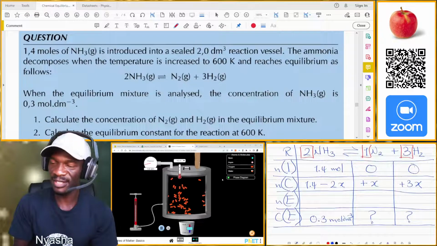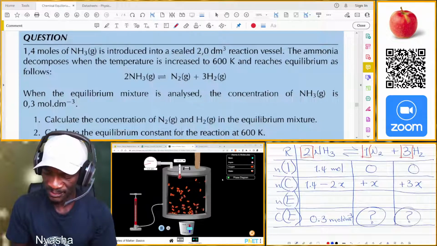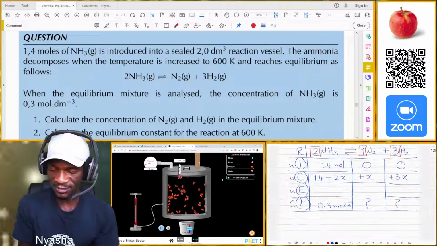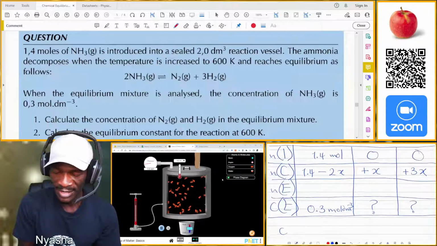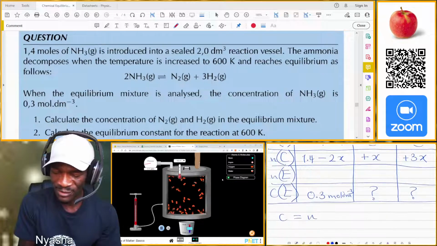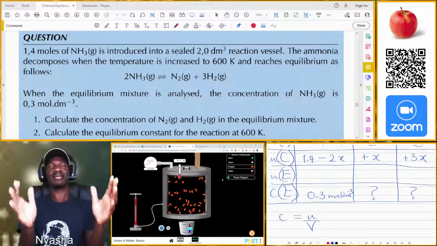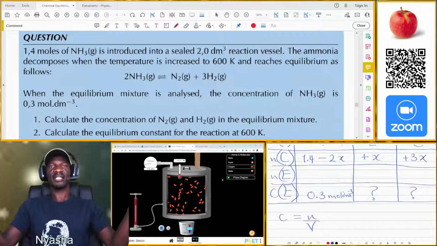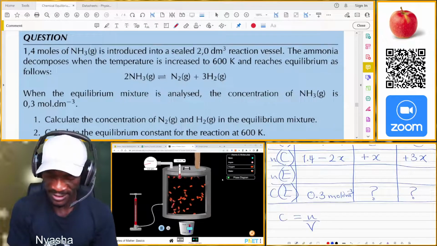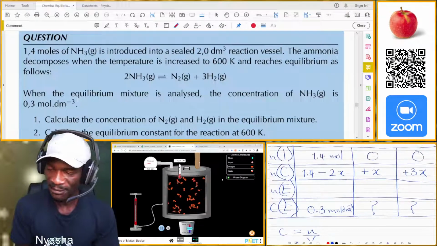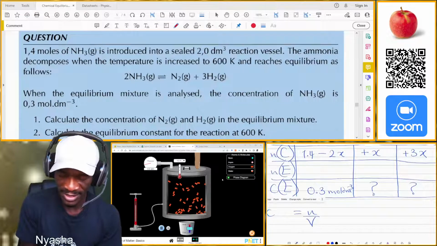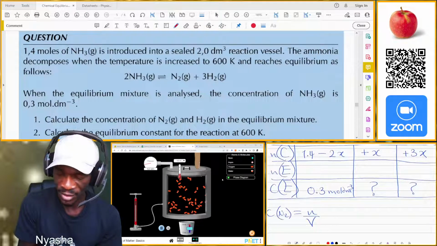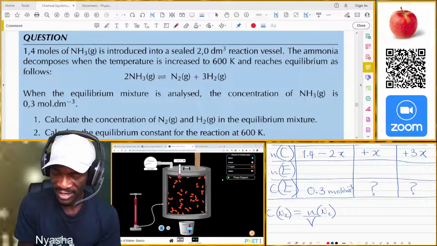So the question requires us to find these two concentrations. How can we find the concentrations? It's obvious that the concentration is given by the number of moles over the volume. The volume is the same. This container has not been changed, right? So the concentration of our N2 is going to be the number of moles of N2 divided by the volume.